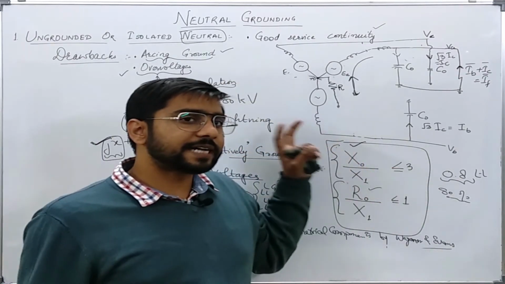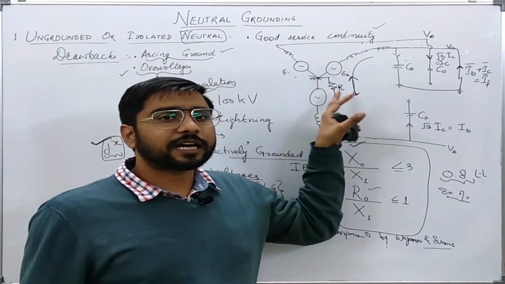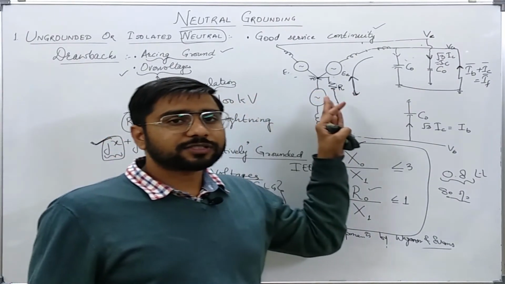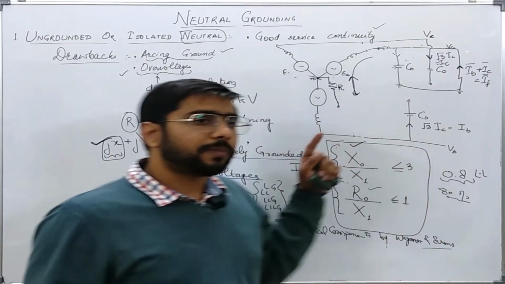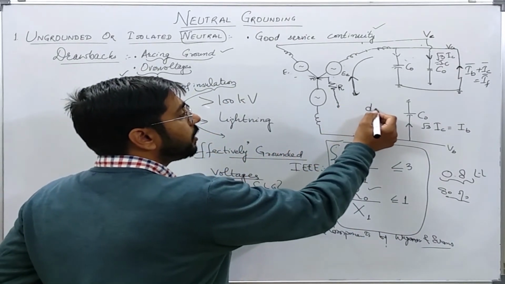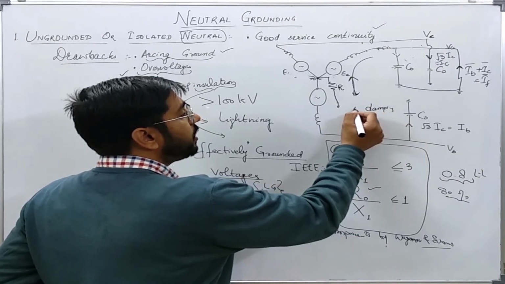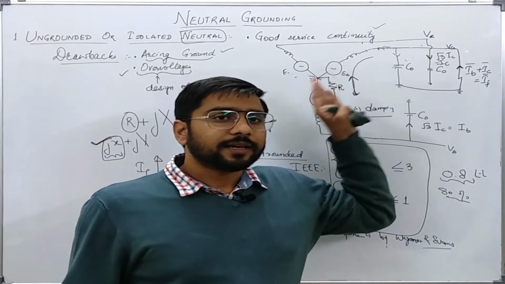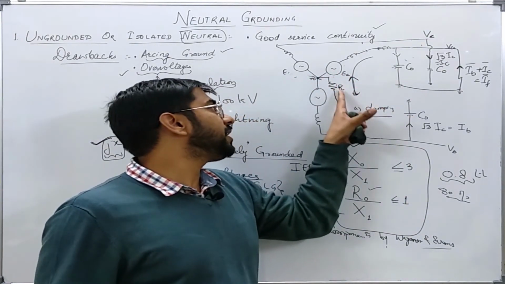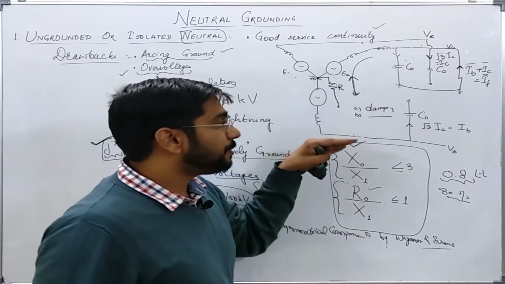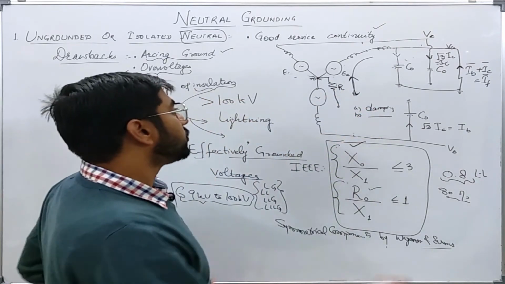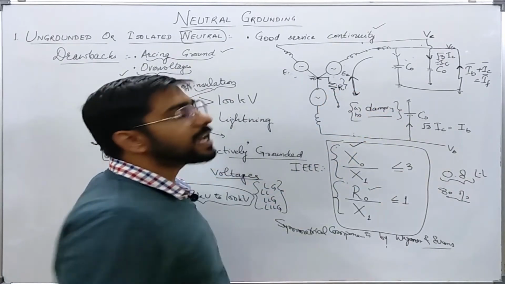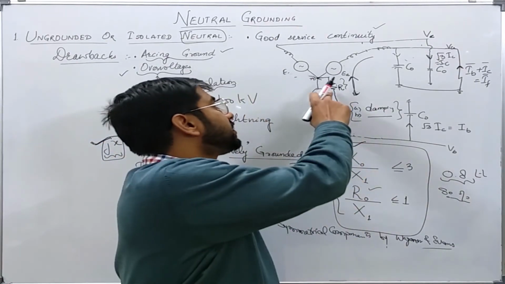If we design this resistance so that it can withstand the heat generation during the fault, then it will have some stabilizing effect during the fault, first by introducing damping, and second by consuming some power, so that the generator generates at least some power which is consumed by this, and the stability limit is a little bit higher. So it will have a stabilizing effect because of these two parts. That's why we can have generators grounded through resistance.